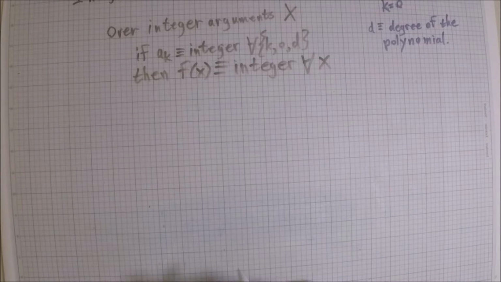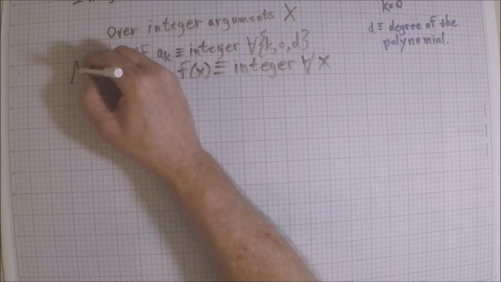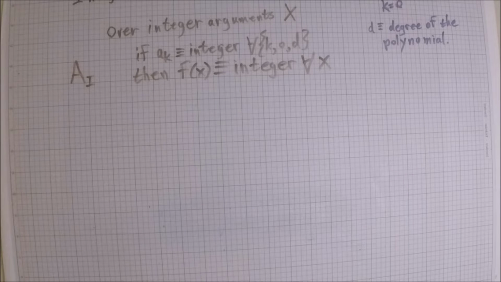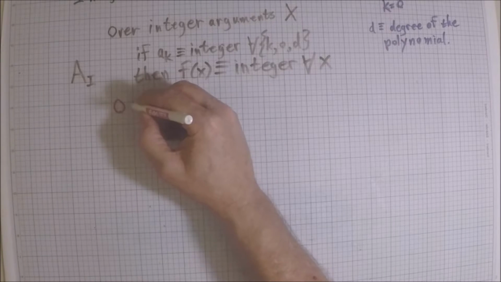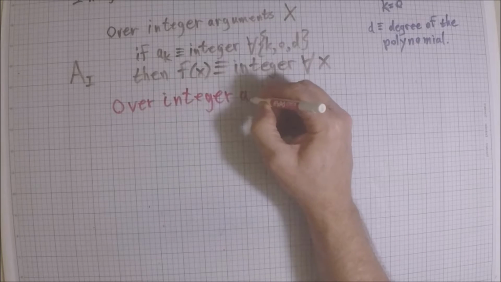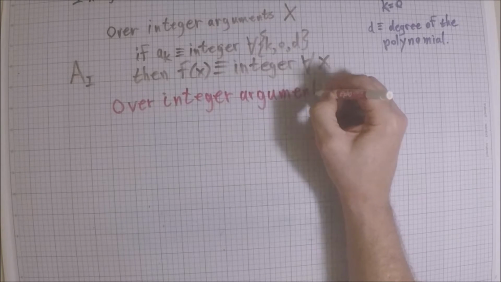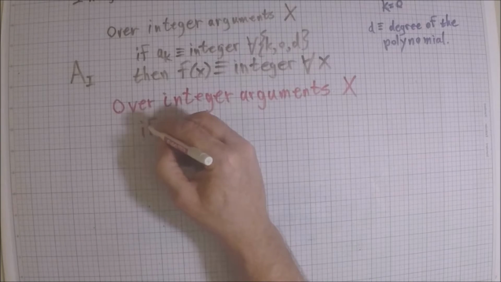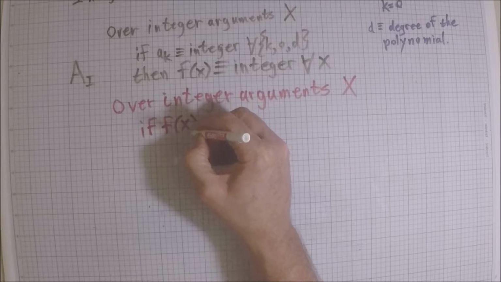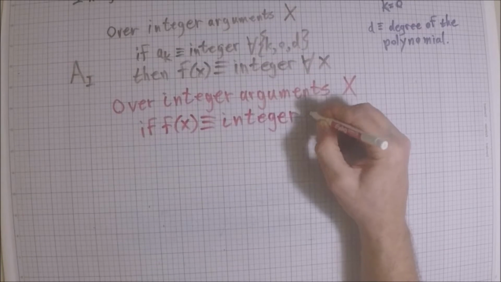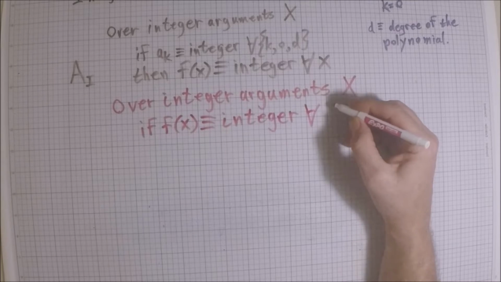And if we wanted to consider the entire set of all such polynomials meeting these properties, maybe we call that set A subscript capital I. Now we can consider all polynomials such that f of x is an integer for all integer arguments x, and ask, are all these polynomials necessarily elements of the set AI?